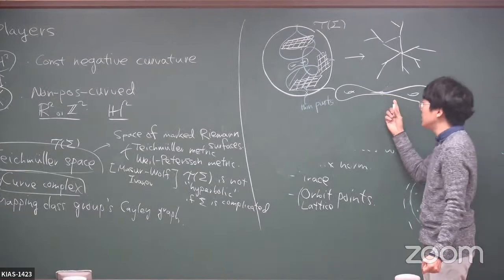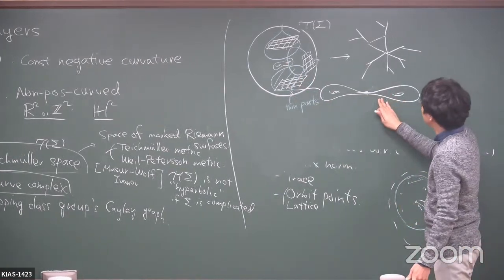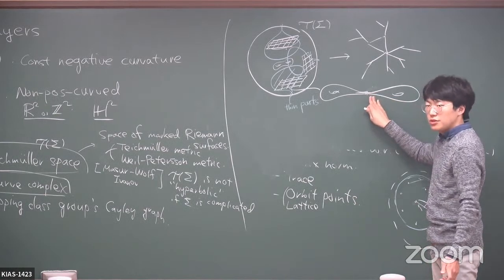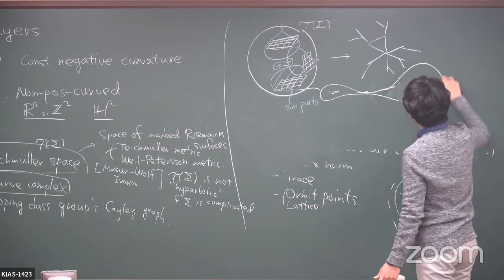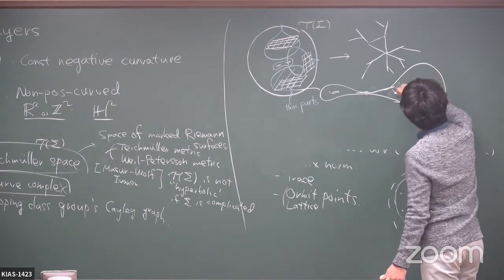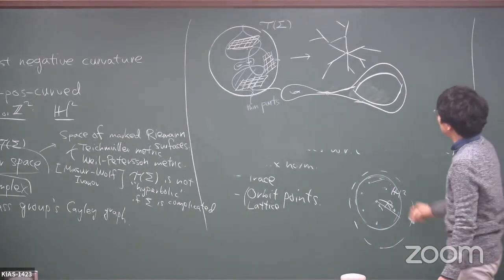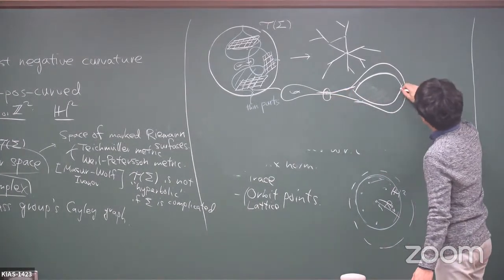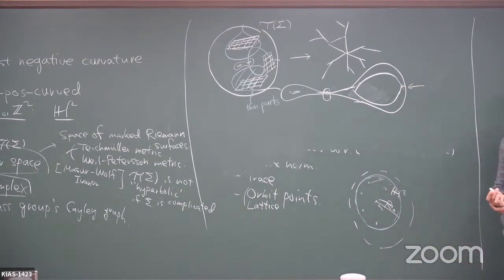These are called thin, and these are called thick. This is one example of a thin Riemann surface. But you can also consider this kind of thin Riemann surface, where you can see disjoint curves that are simultaneously thin.